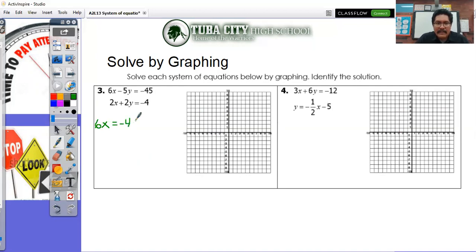And I get 6x equals -45. And it looks like I'm going to have to divide both sides by 6 to get x by itself. And x equals, let's see, 6 times 6 is 36, and add another 6, that's 42. And I think that would be 7.5. So there we go. I know on the x-axis, oh, almost forgot the negative.